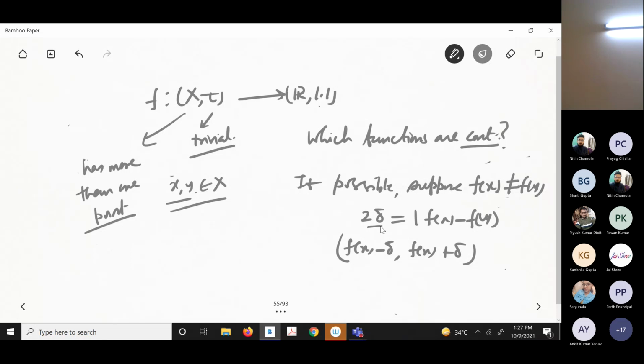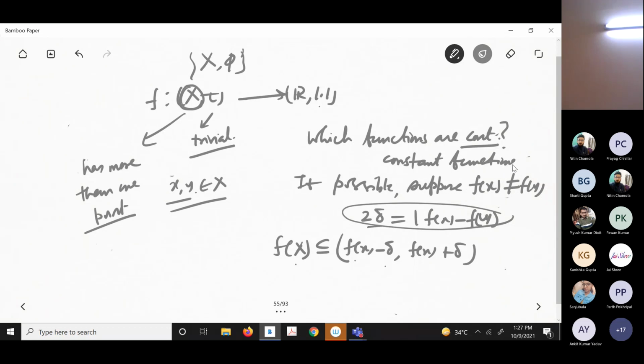So by the definition there exists a neighborhood of x contained in it, but with the trivial topology the only neighborhood is X itself. Then f(y) would also be here, so the distance between f(y) and f(x) would be less than 2 delta, but I have taken it equal to 2 delta. So contradiction. That means f has to be constant. Only constant functions. Got it?